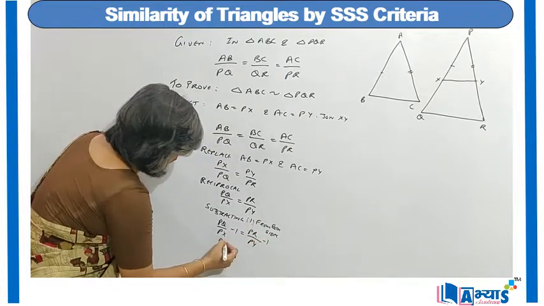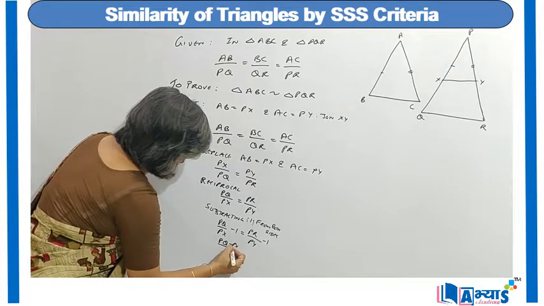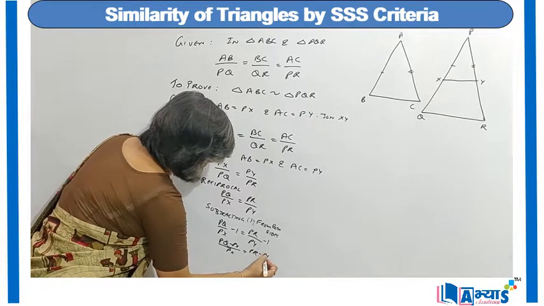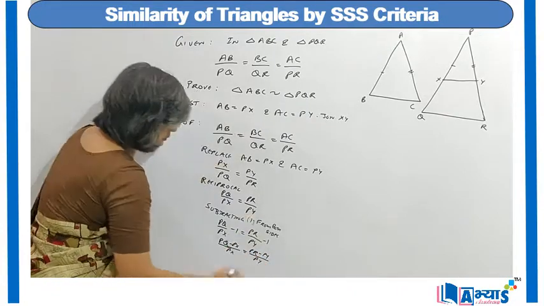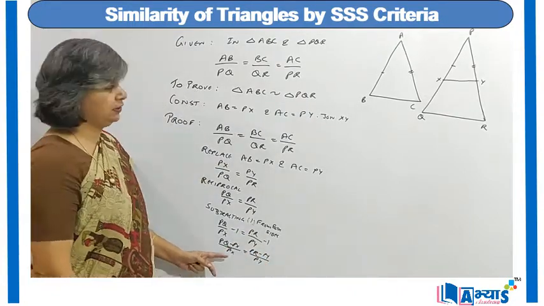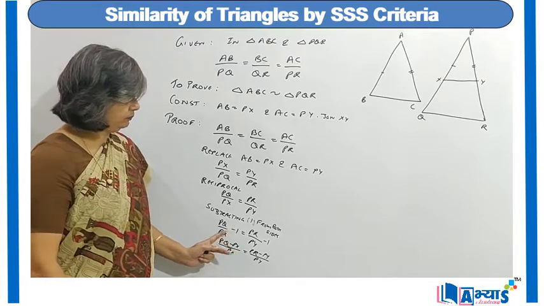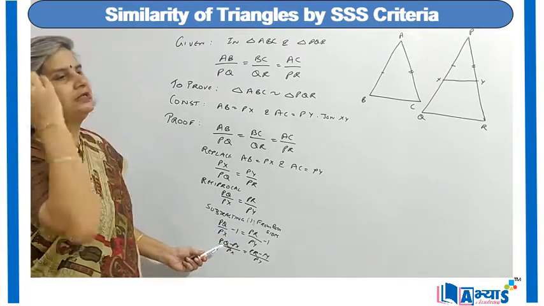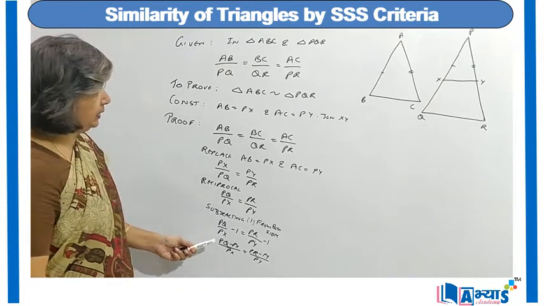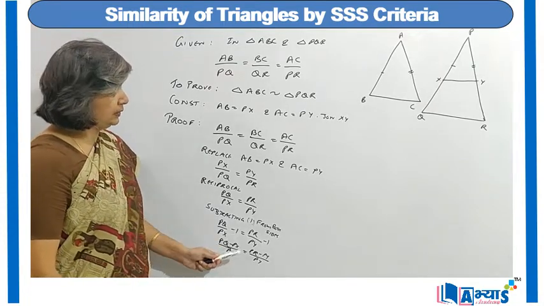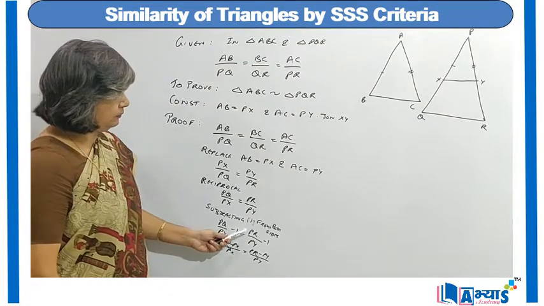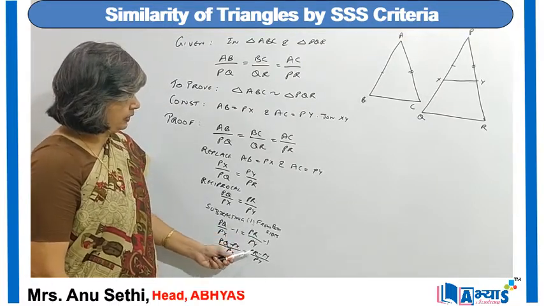So it will become PQ minus PX upon PX is equal to PR minus PY upon PY. Now this equation has been reached by taking the LCM as PX here and PY there. That means in the left hand side we have taken the LCM PX, so it became PQ minus PX, and in the right hand side we have taken the LCM as PY, so it became PR minus PY upon PY.